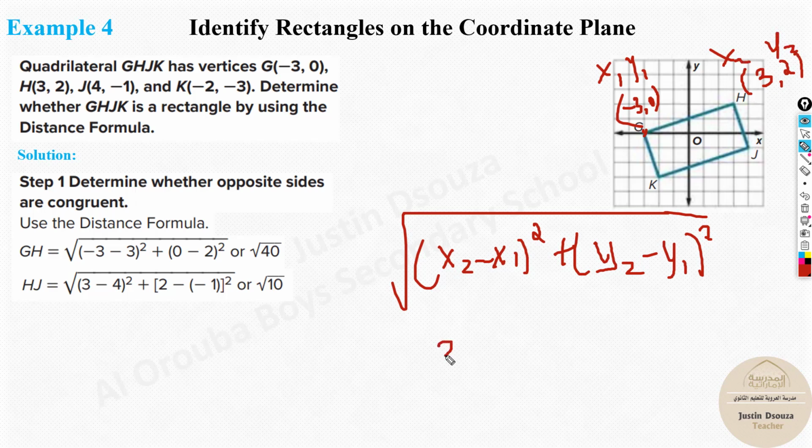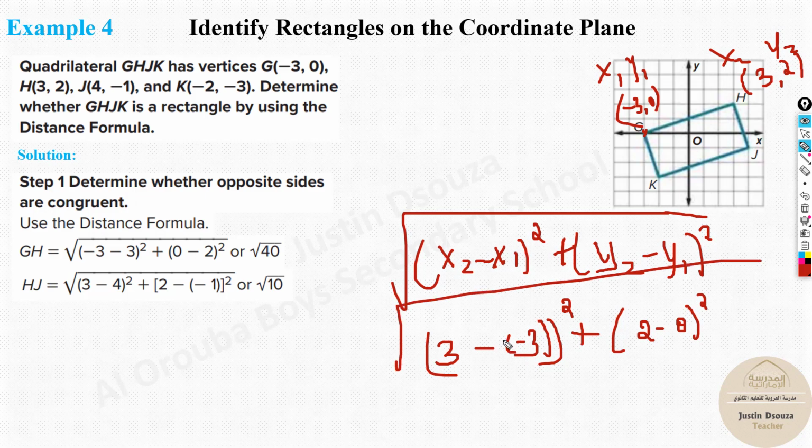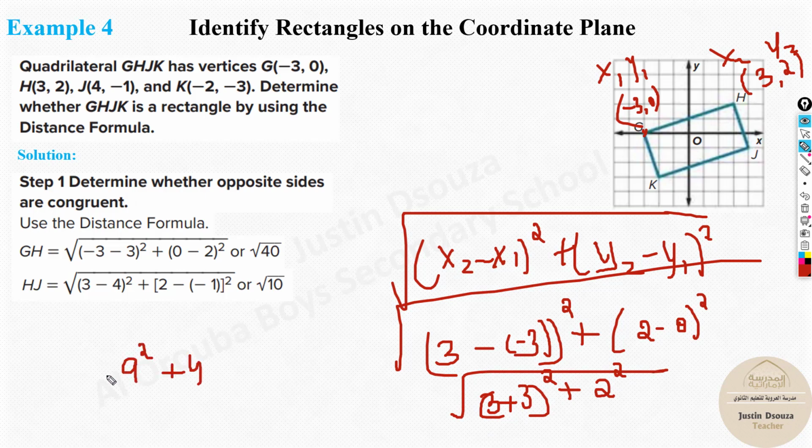Substitute. x2 is 3 minus of minus 3, the whole square, plus y2 is 2 minus 0, the whole square, and take the square root of all. 3 minus of minus 3 will be plus, so 3 plus 3 the whole square plus 2 minus 0 is 2 squared, square root. Over here we will get 9 squared plus 4.